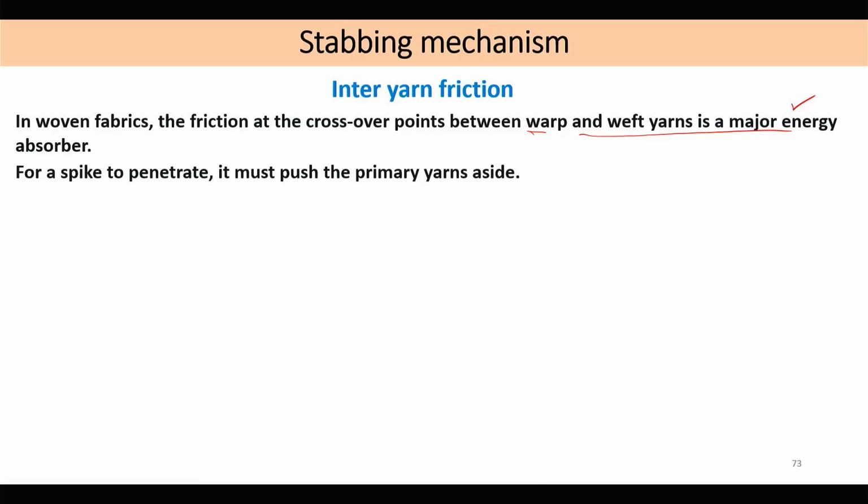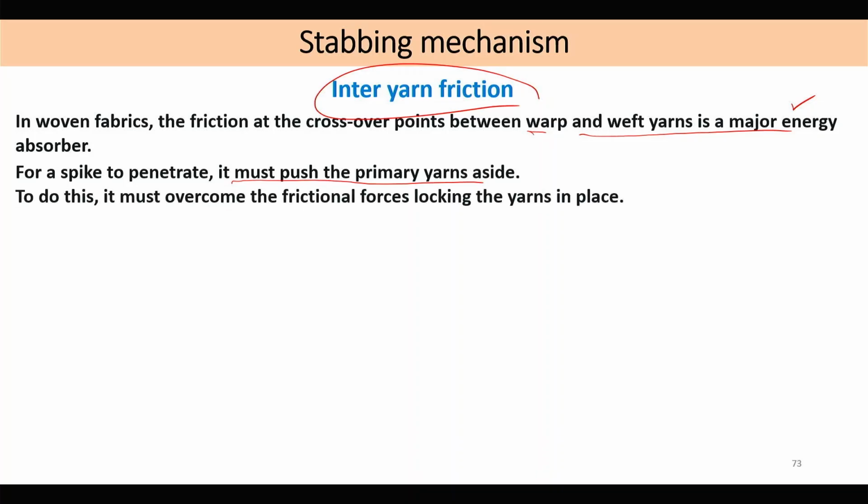For a spike penetration, it pushes the primary yarns aside, as I have mentioned, without any breakage and without any load on the fiber; only the yarns will be pushed. If we can increase the inter-yarn friction, the spike energy can be balanced.